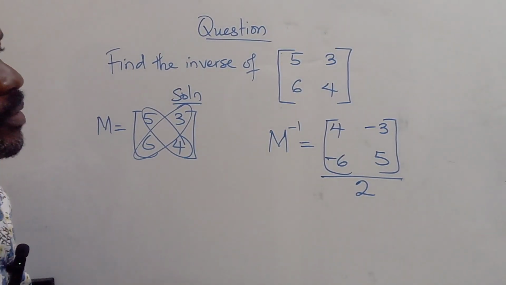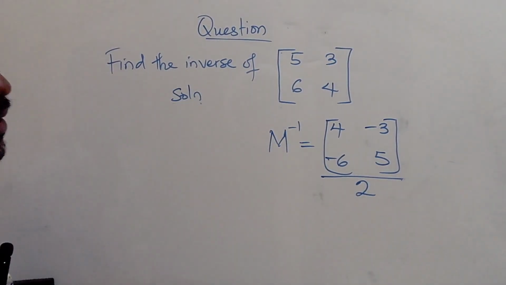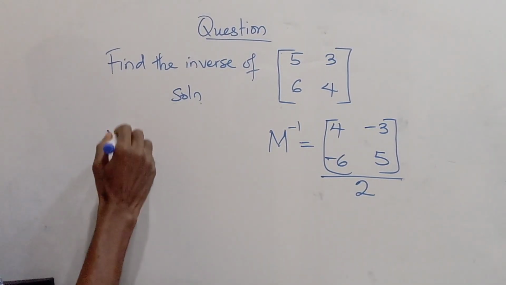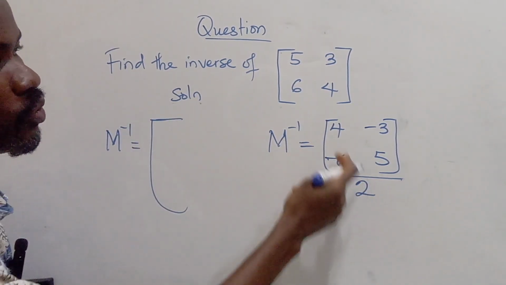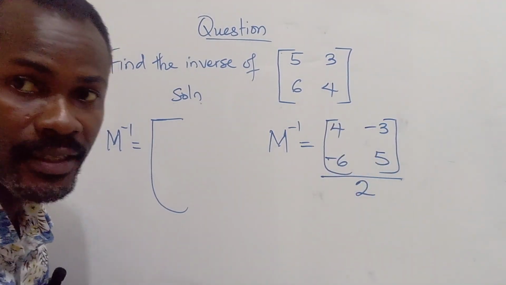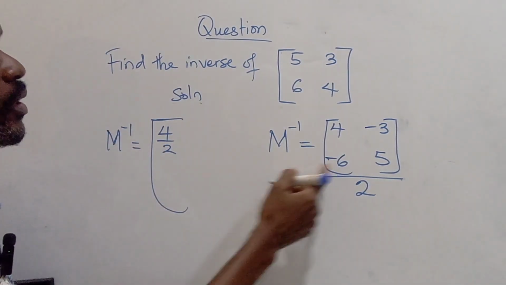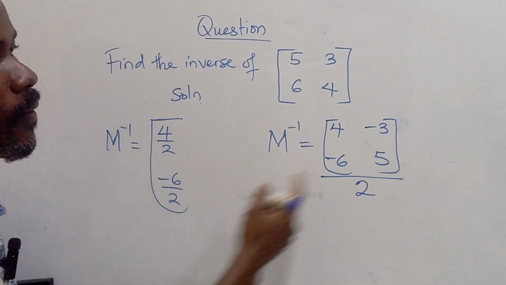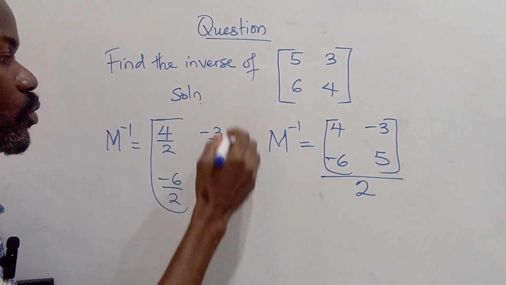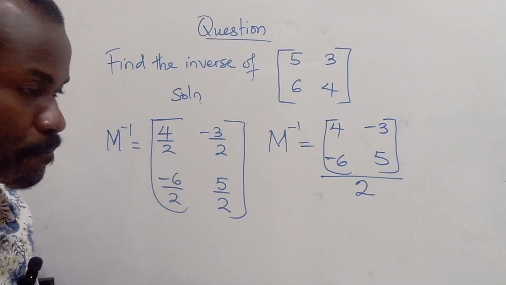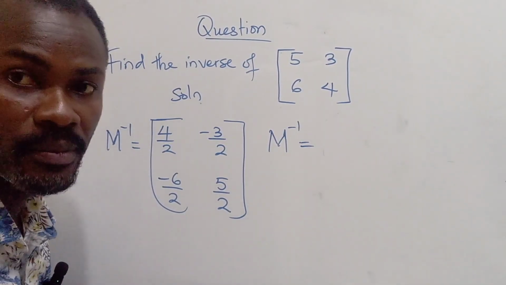Our N inverse is going to be, we're going to use this 2 to divide all the elements inside the array. So this is going to be 4 divided by 2, minus 6 divided by 2, minus 3 divided by 2, and 5 divided by 2.